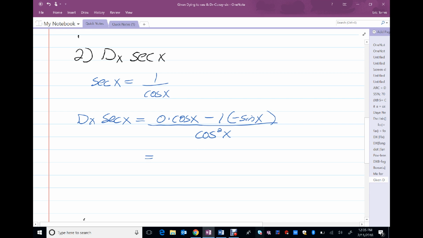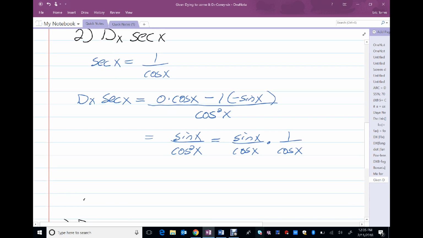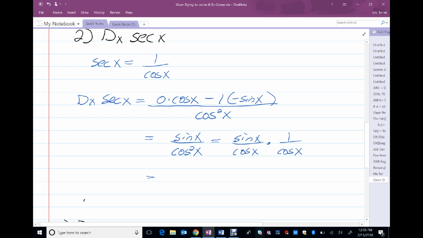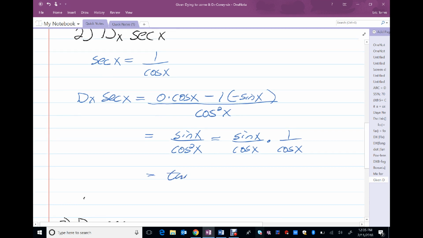So I end up with sine of x over cosine squared of x, which can also be viewed as sine of x over cosine of x times 1 over cosine of x, a basic fraction property, which gives me tangent of x times secant of x.